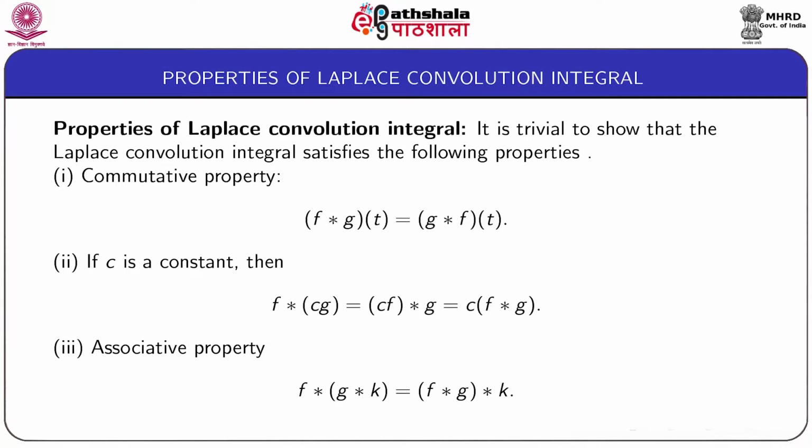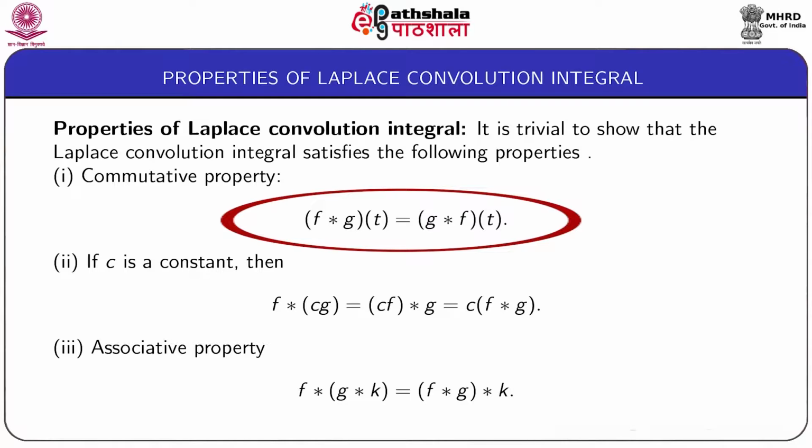Next come some properties of the Laplace convolution integral. Now it is trivial to show that the Laplace convolution integral satisfies the following properties. First is the commutative property, that means f star g is equal to g star f.